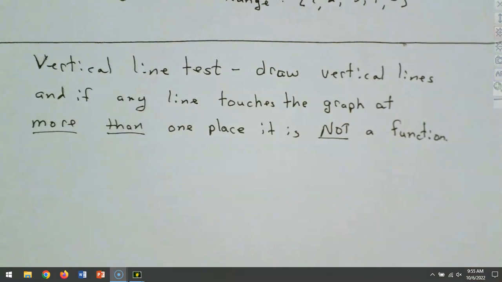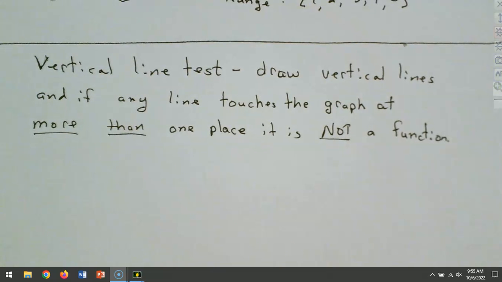So I'll give you a moment to get this copied down. Now, we do have a horizontal line test, which we'll talk about later on, towards the end of the course, when we talk about inverses, which is a whole different topic. The horizontal line test is going to tell you if something's 1-to-1 or has an inverse.